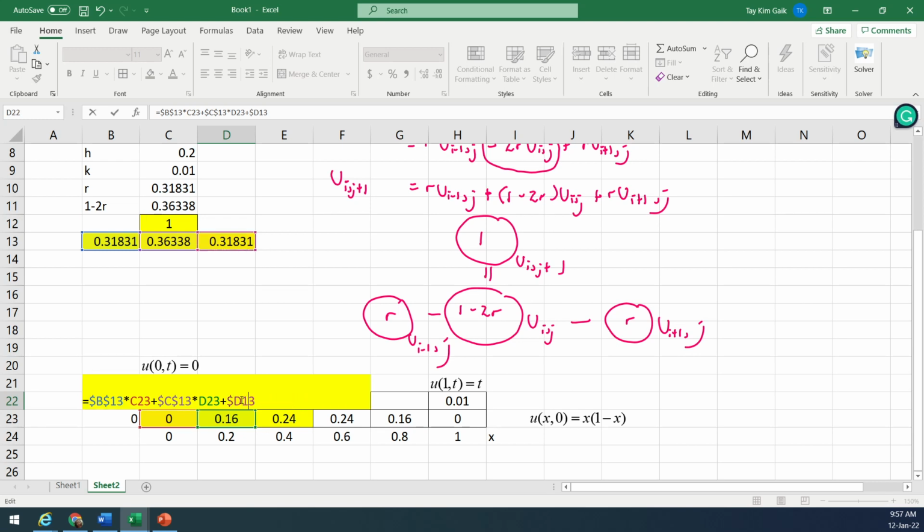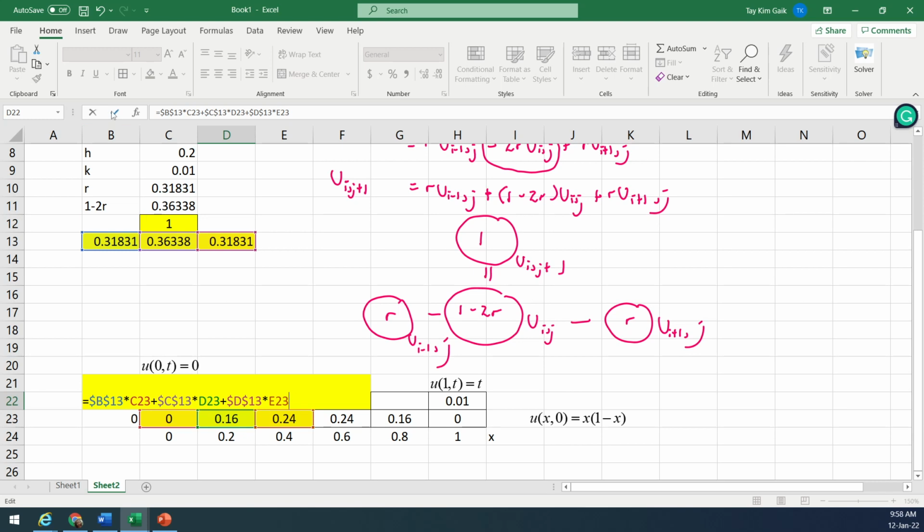Make sure you make it constant, otherwise you type in the values. So this is E23, we'll key in at D21.